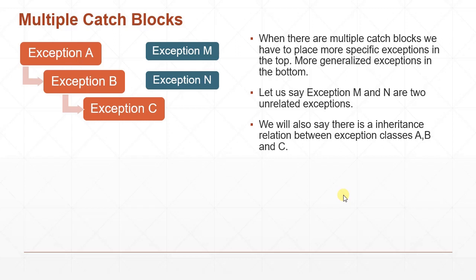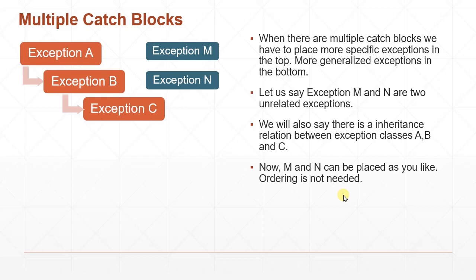So totally, let us say we have 5 exception classes. If we assume that our try block is throwing all these 5 exceptions, then we will be having 5 catch blocks, and each catch block is handling one exception type.